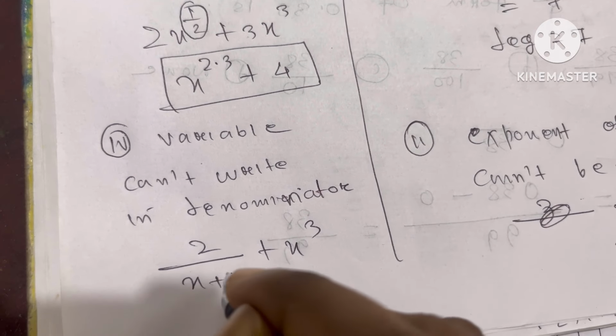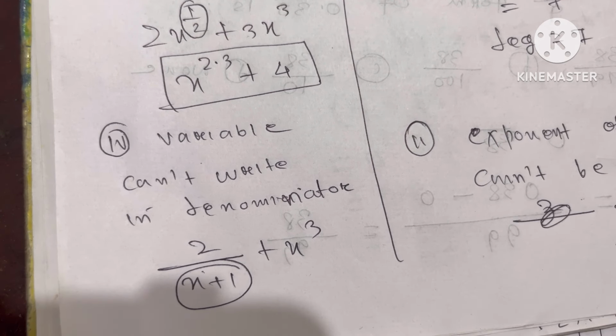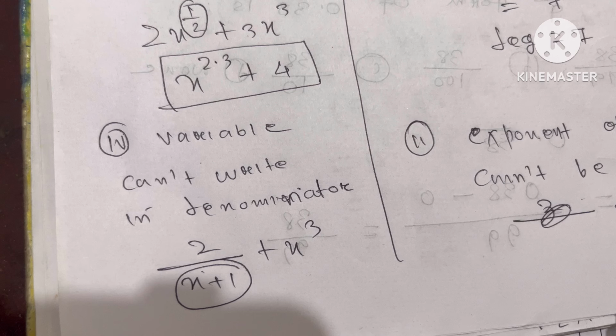No, because x plus 1 cannot be in the denominator. So this type of algebraic expression is not a polynomial. And a variable also cannot be written under a root, square root or cube root.